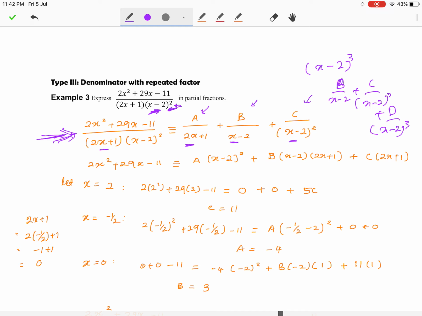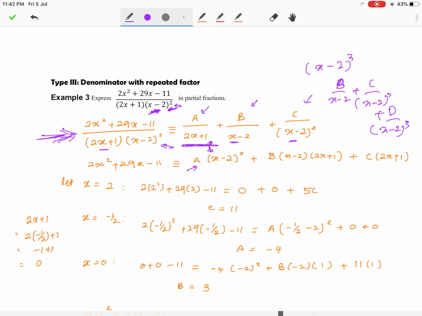Okay, after you have this particular form, I'm just going to consider the numerator, because the denominator is the same for the left hand side in the process. You can see that A should be multiplied by x minus 2 squared, because this term is lacking this factor, so that the whole thing has the same denominator.